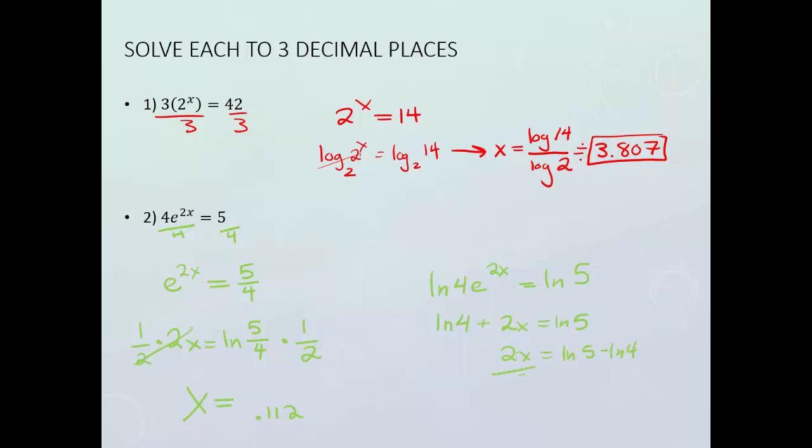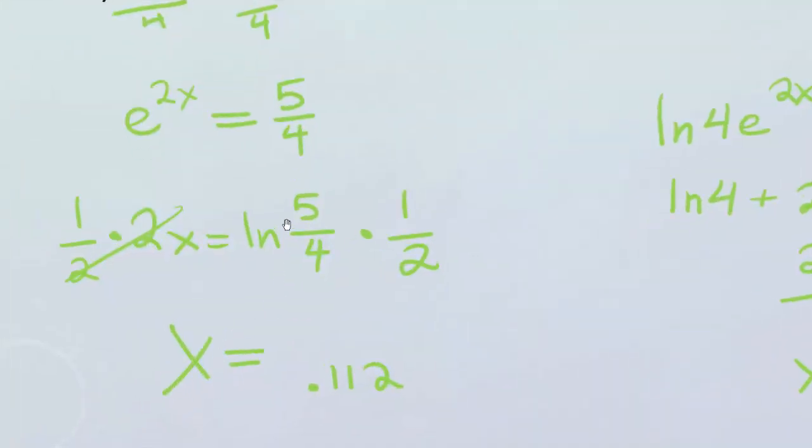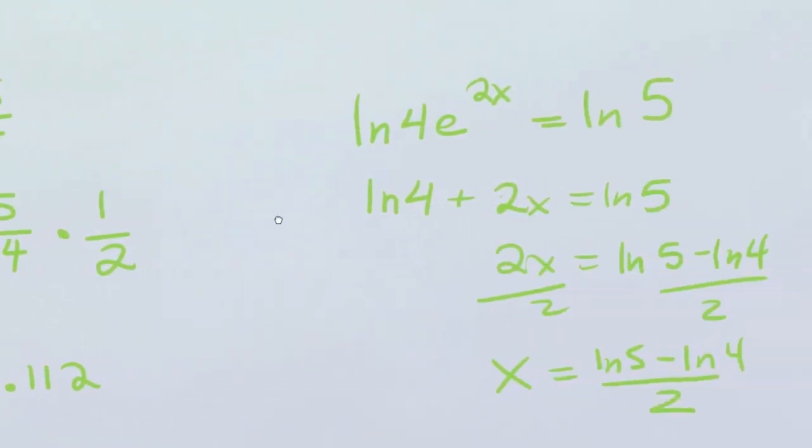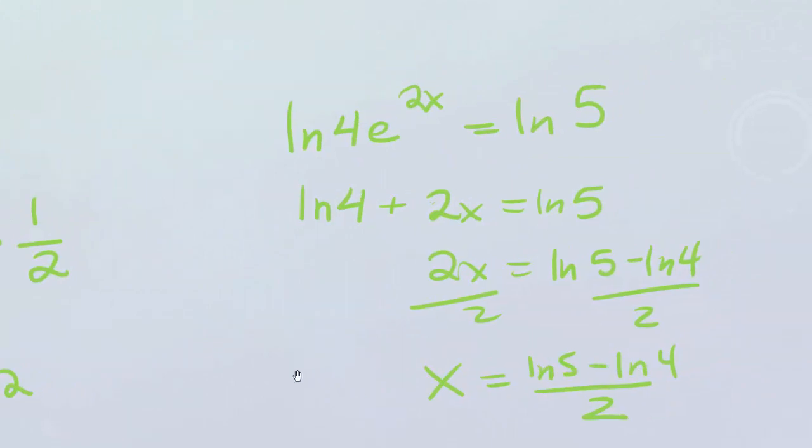And then we divide by 2, and we get x equals ln of 5 minus ln of 4 over 2. And if you remember the properties, ln of 5 over 4 actually is the same thing as ln of 5 minus ln of 4. Okay? So those are two things that you could do.